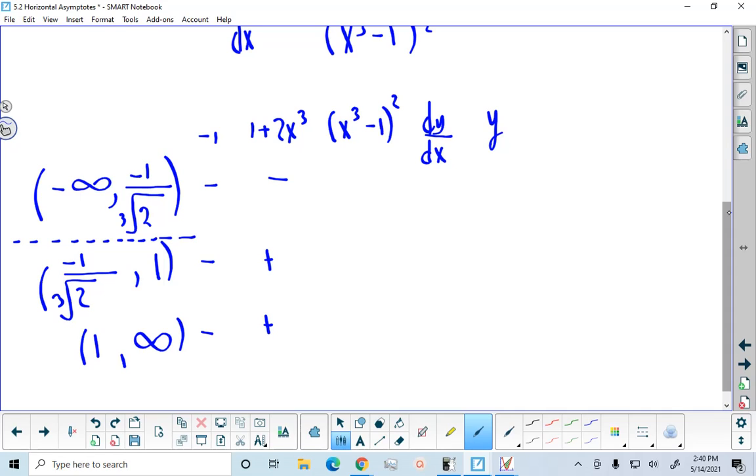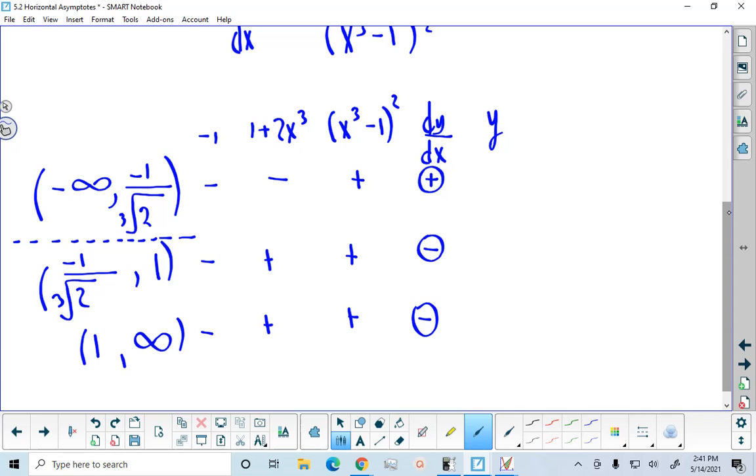Again, feel free to just take a number. If you're more comfortable just taking a number that's in the interval and putting it in there and seeing what happens, do that. The third column for the factors is positive everywhere because it's squared. So dy dx is positive, then it's negative, and then it's still negative.